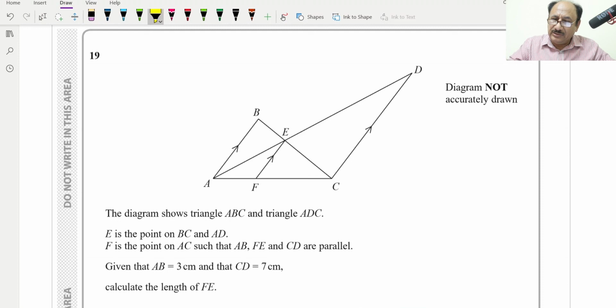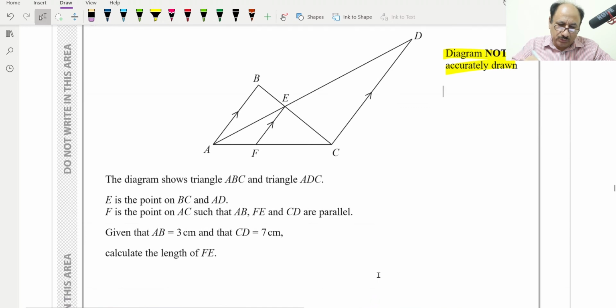Question number 19. The diagram is not accurately drawn, and the diagram shows triangle ABC and triangle ADC. Two triangles are shown. E is a point on BC and AD, and F is a point on AC such that AB, FE and CD are parallel.